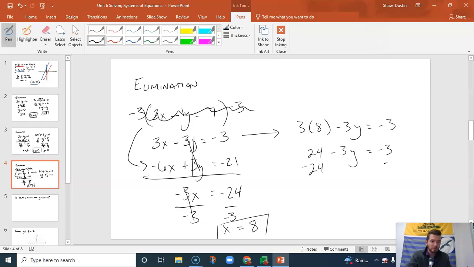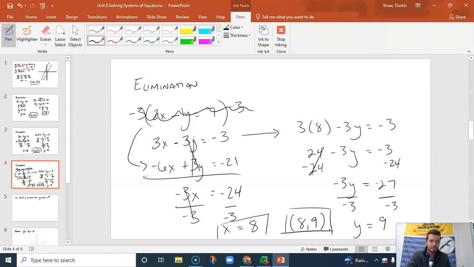Subtract 24 from both sides, and you're left with negative 3y equals negative 27. Divide by negative 3, and y equals positive 9. So your answer then will be 8, 9. And there you have it.